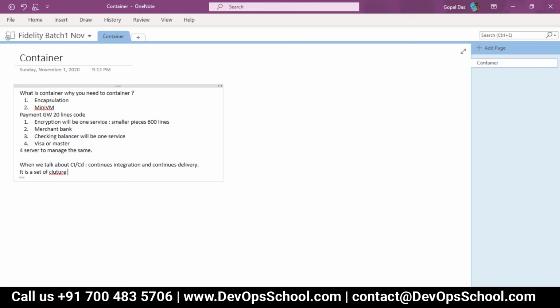It is a set of operating principles and a collection of practices that enables application development teams to deliver code changes more frequently and reliably.